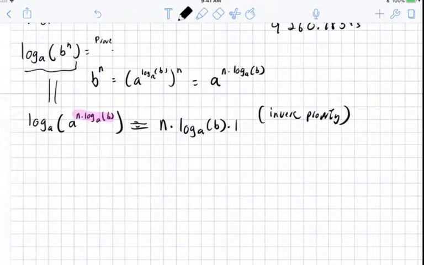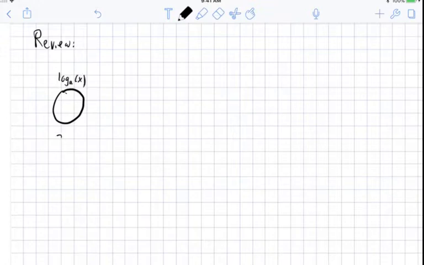All right, so now you know where all these weird log properties come from. Let's review because there was a lot to chew on there. Okay, first off, properties here. Logarithm base A and the function A to the x are inverses.